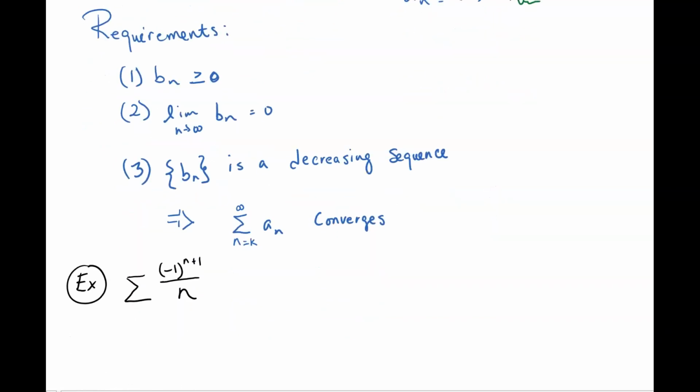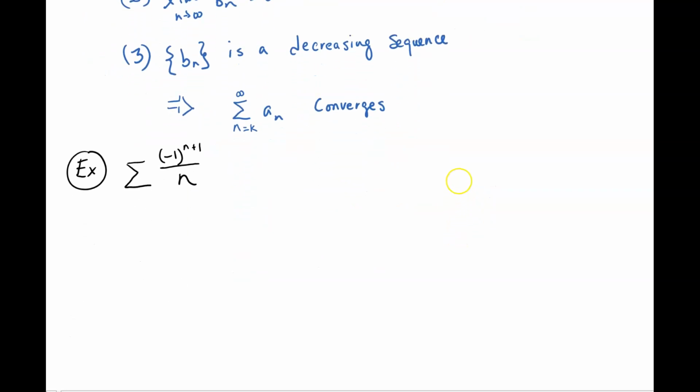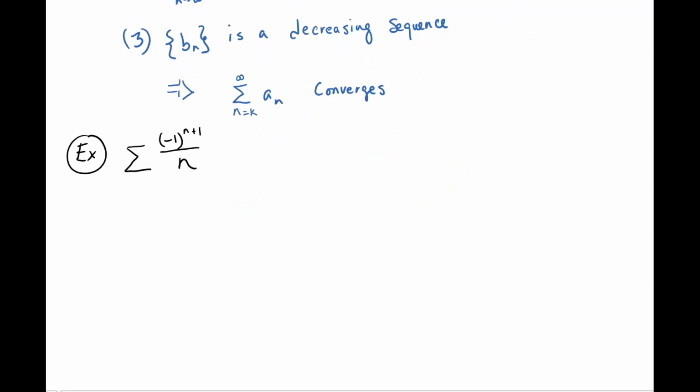Let's take a look at the first example here, or really the only example of this type. We're going to talk about (-1)^(n+1) over n. Let's discuss what this looks like. Suppose n equals 1 to infinity. I have (-1) to the 1 plus 1, that's (-1) squared, so this gives me 1 over 1.